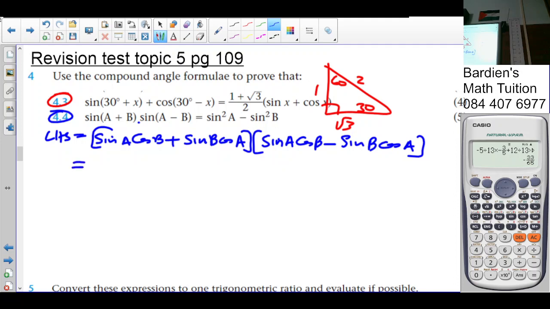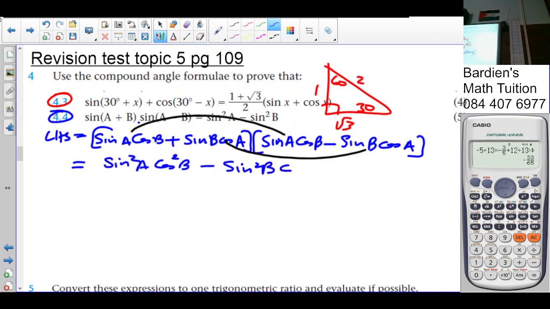I'll multiply the first and the last, which now gives us sine squared A cos squared B minus sine squared B cos squared A. Now if I look at the right hand side, I only have sines. So what I do is I retain the sines and change the coses.